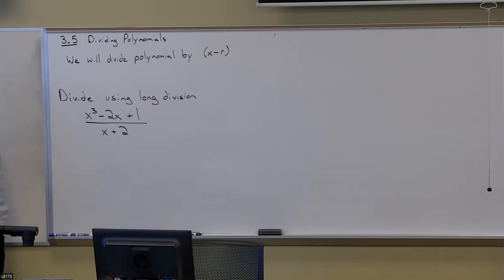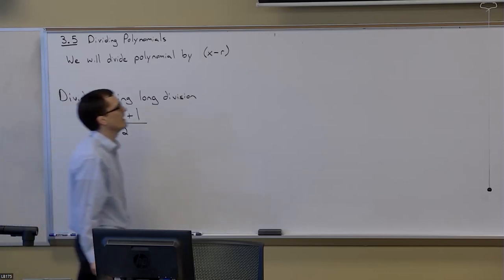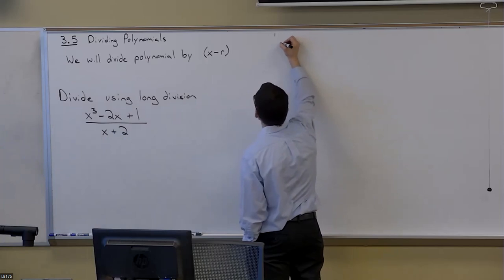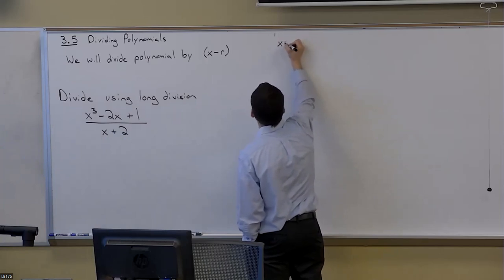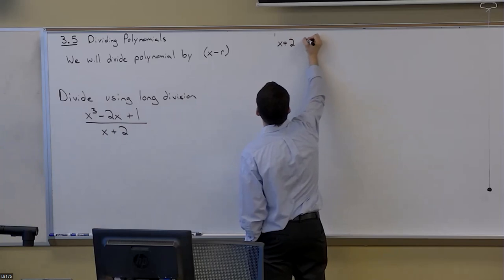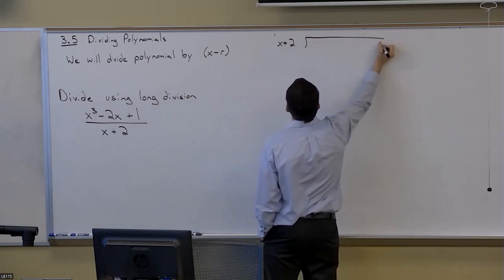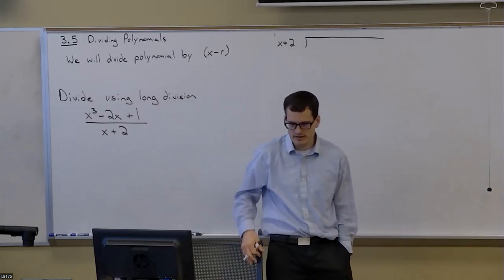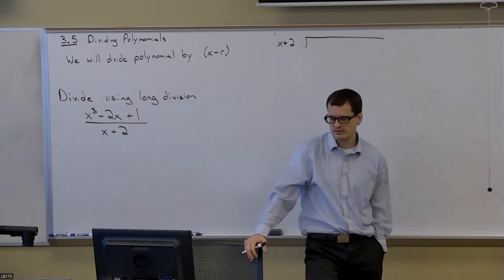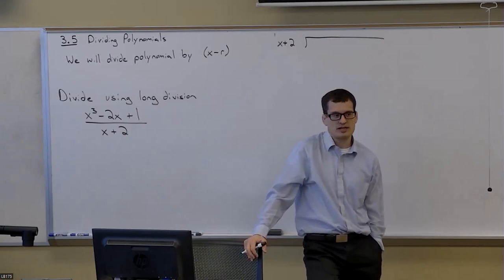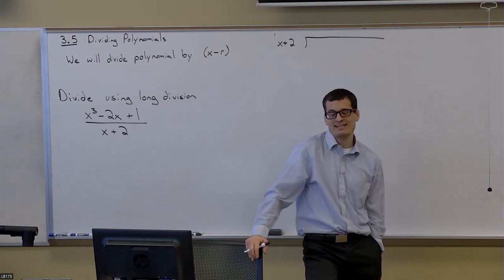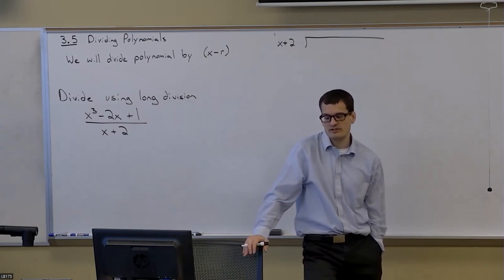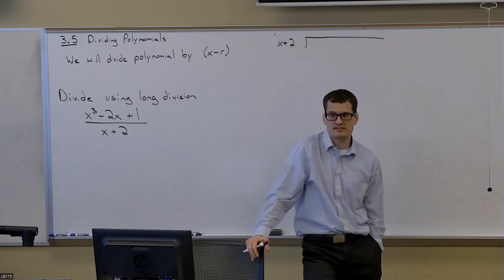Now, I don't know if you remember how to do polynomial division by long division. But what you do is whatever you're dividing by, that's your divisor. So you're going to take your divisor and put it out in front of that division sign. And inside the division sign, you'll put what's called your dividend, right? Dividend, divisor. These are not words you have to memorize or anything like that.